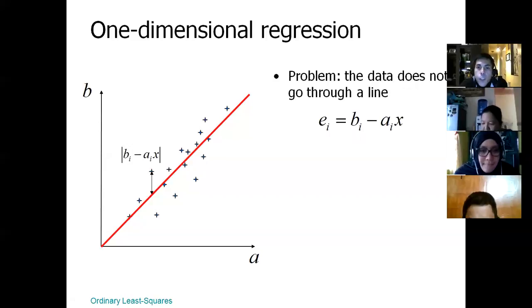What happens then is that in one-dimensional regression, we can see a problem where the data does not go through a line, which is expressed by this, your expected error, equal to the beta minus the alpha of the x, or different independent variables.